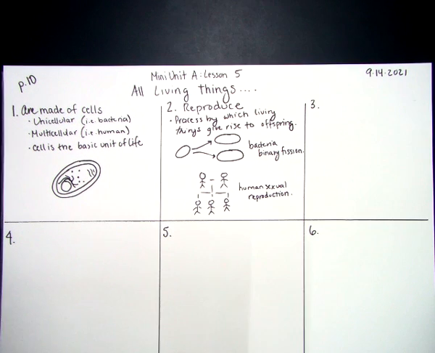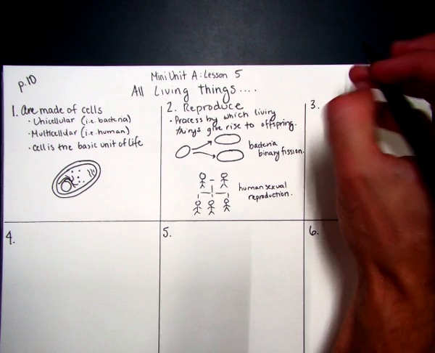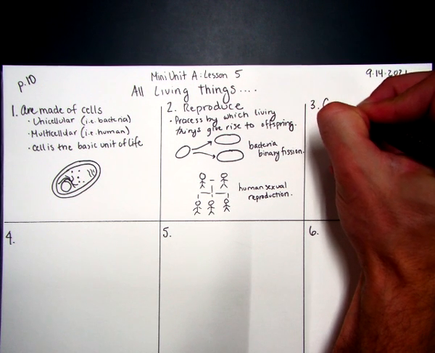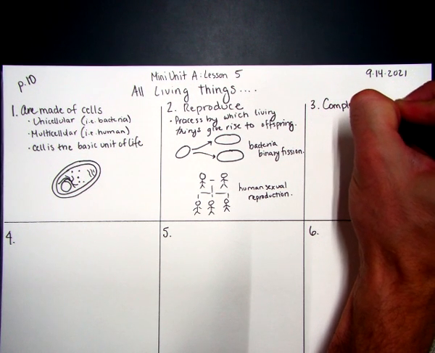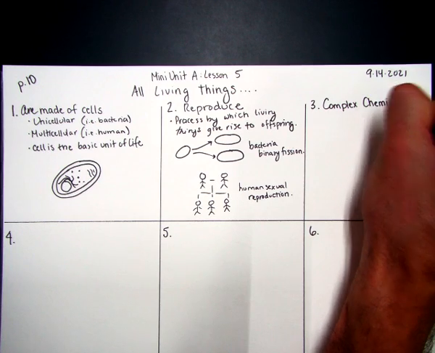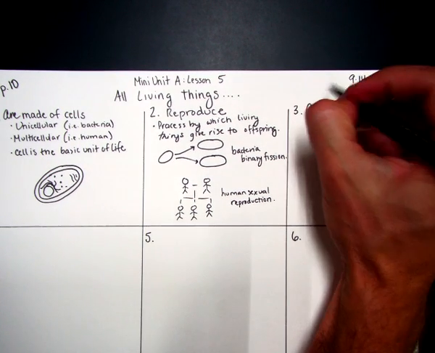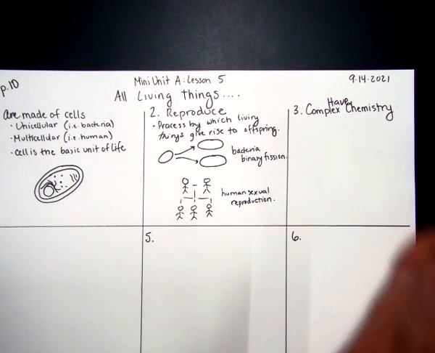Third, all living things contain what's referred to as complex chemistry. All living things have complex chemistry.